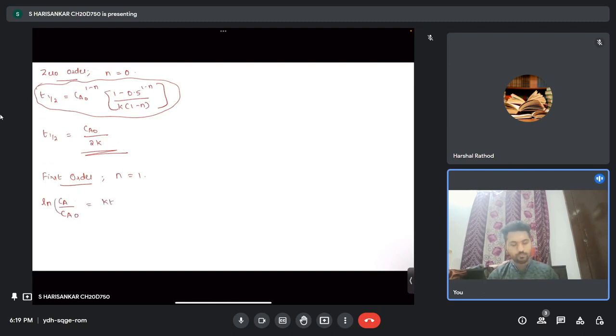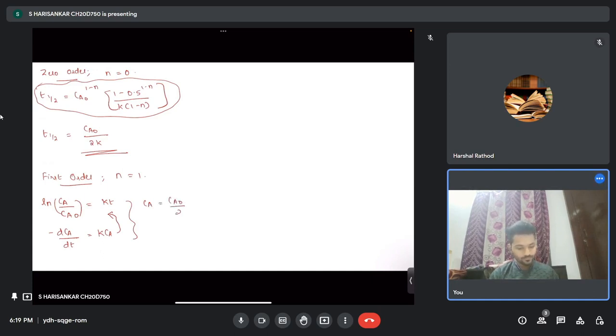How did we get this equation? Just by the normal derivation. For first order, it's dCa by dt is equal to kCa. If we integrate this term, we will get the general equation for the first order, which is ln Ca by Ca0 is equal to kt. Now all we have to do is substitute Ca as Ca0 by 2.